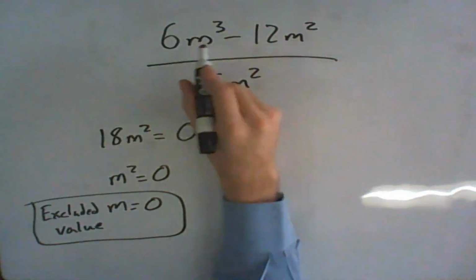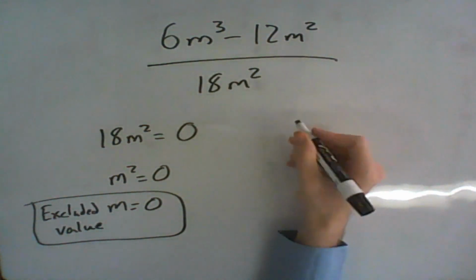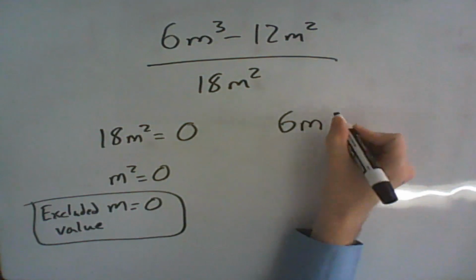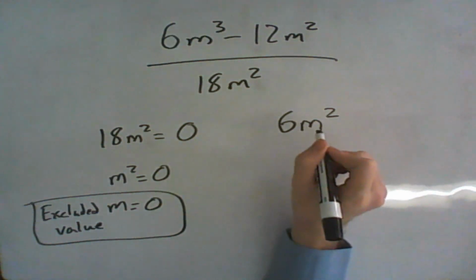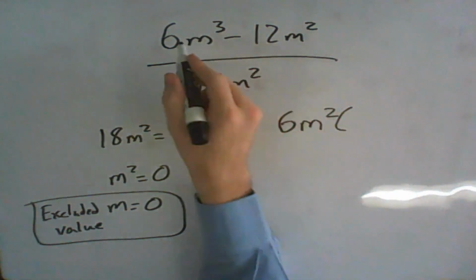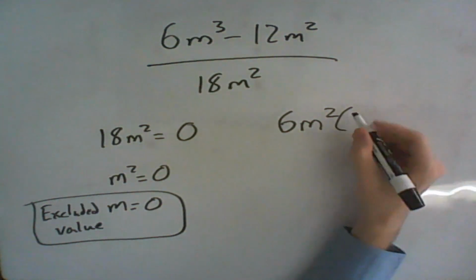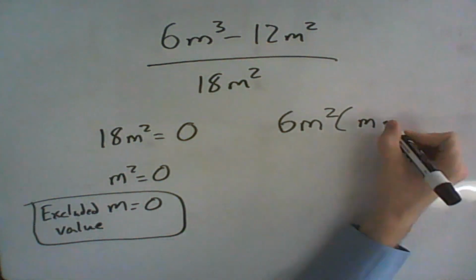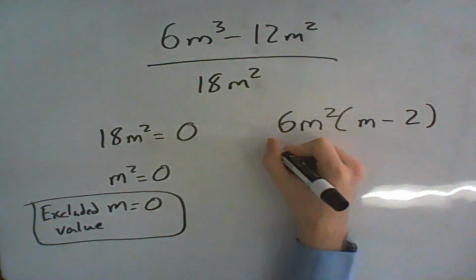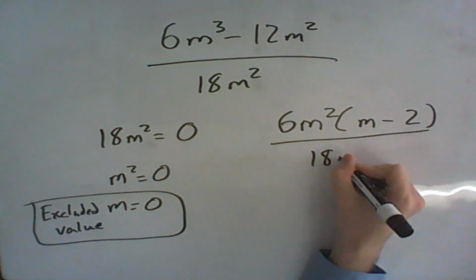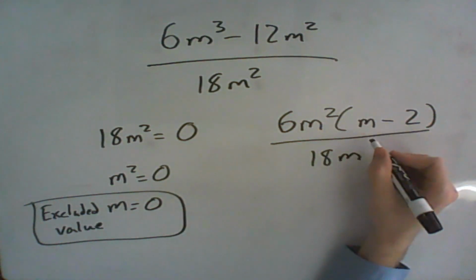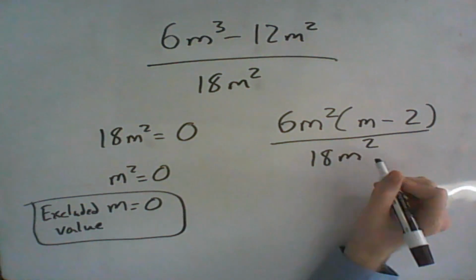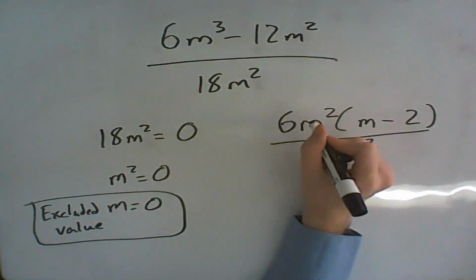So what's the same in 6 and 12? 6 and 12 is 6. What about m cubed and m squared? Well, what's the same is m squared, because it actually goes into both. So then we divide 6m cubed by 6m squared, gives us m. 12m squared divided by 6m squared is just 2. Okay, and this is all over 18m squared. Okay, now 18m squared and 6m squared.